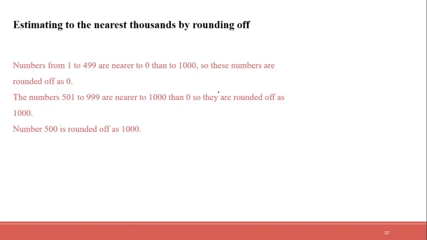Now let's come to the next concept. Now we will be rounding off to the nearest thousand. That means if it is written here 1400 and here it is written 1600, then we will round it off to 2000 and we will round it off to 1000. Why?